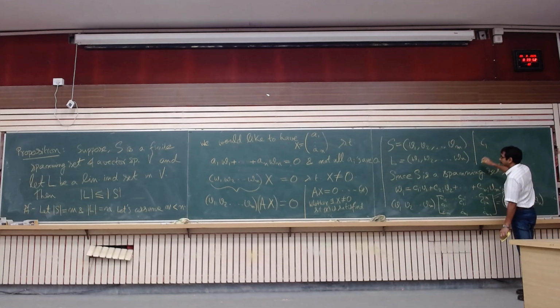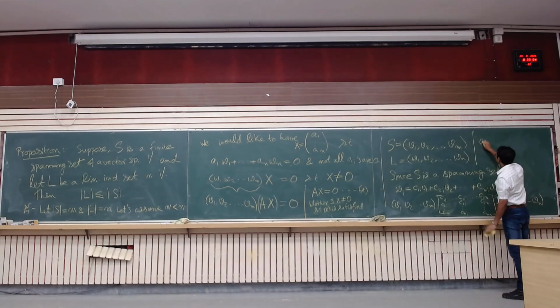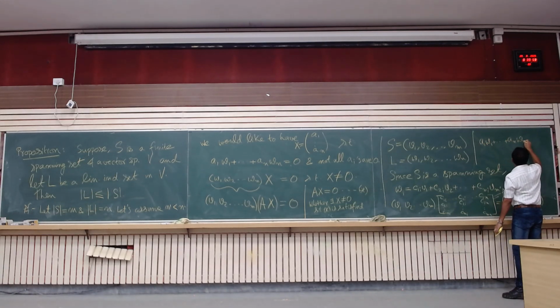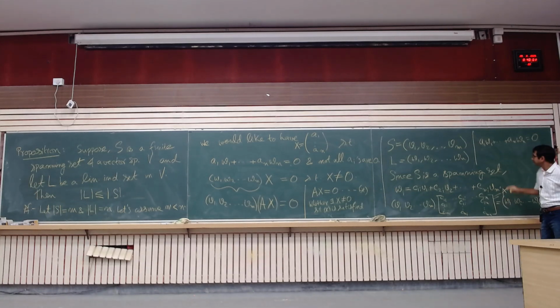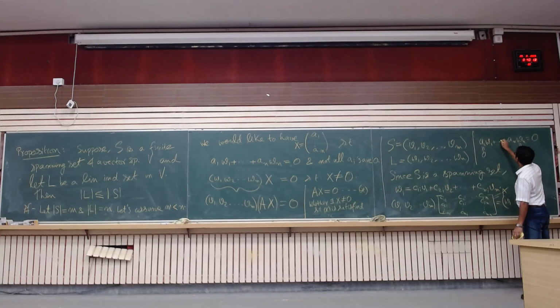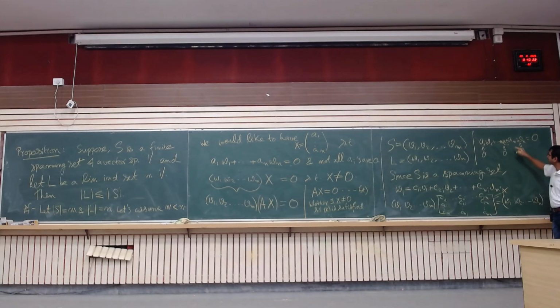So what we want to say here is that if we have a1 w1 plus dot dot dot plus an wn equal to 0, and wn itself is 0, then put all the other coefficients to 0, a1 equal to 0, up to an minus 1 times wn minus 1, and put whatever you like in an.